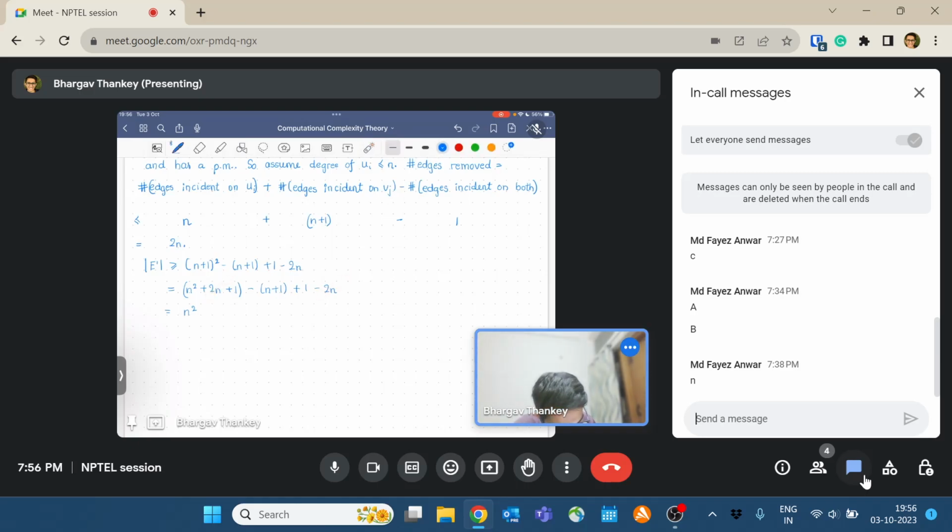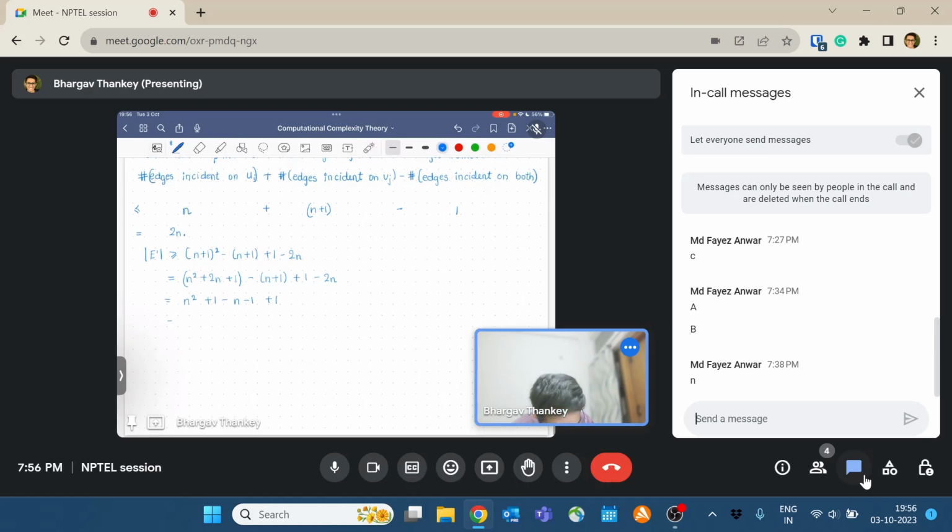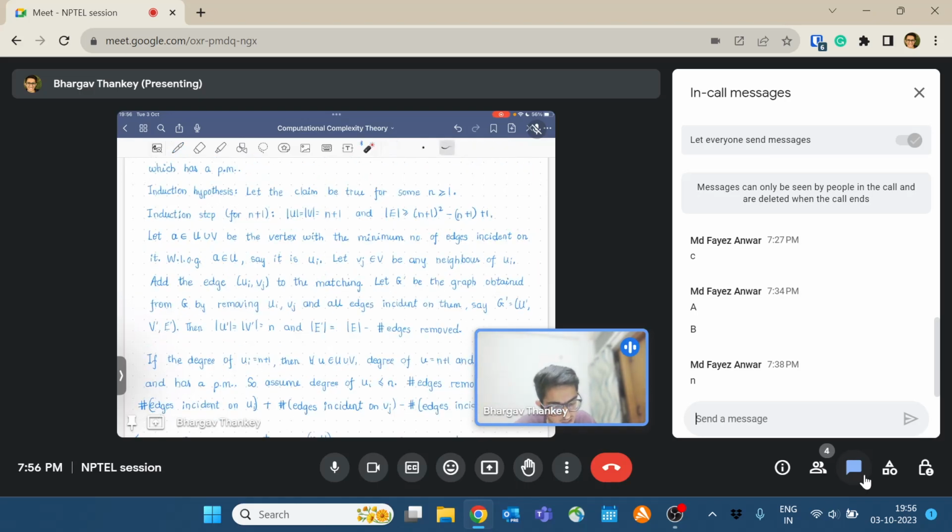So we have n square plus 1 minus n minus 1 plus 1. So these two also cancel out. So we are left with these many edges, but in our induction hypothesis, we had assumed that the claim was true for n.